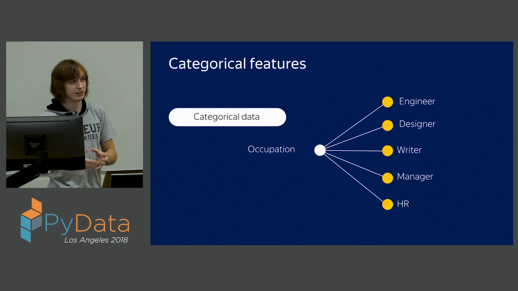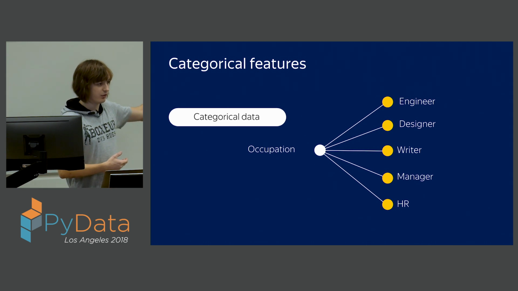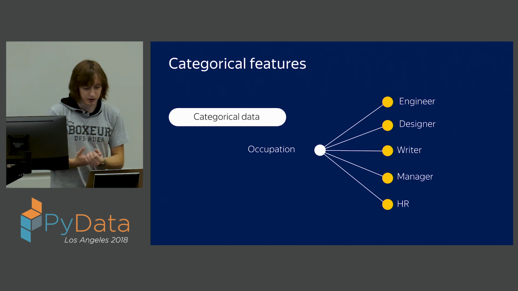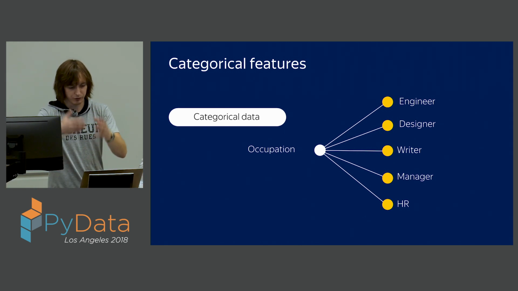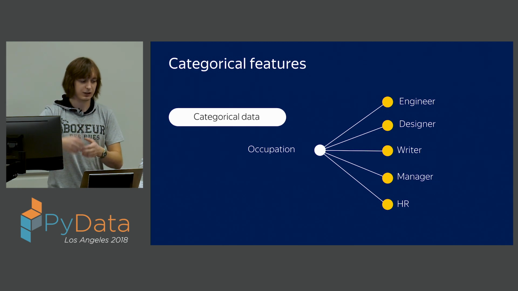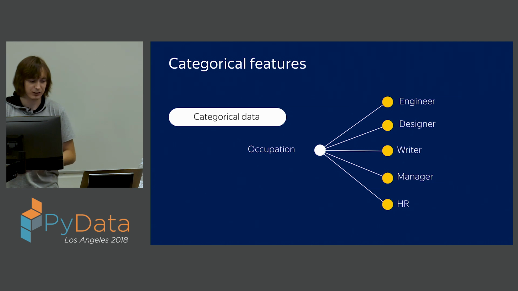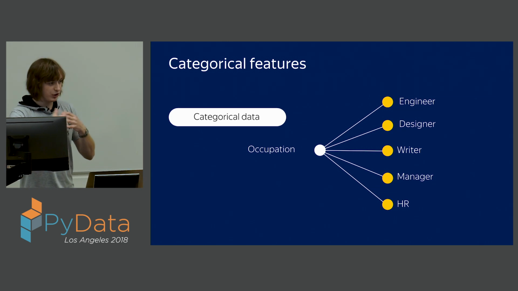So there exist several techniques that allow us to work with categorical features with high cardinality. And in CatBoost, we've implemented them, so CatBoost could work not only with categorical features with a small number of values, but also with categorical features with high cardinality. And you don't need to do anything.